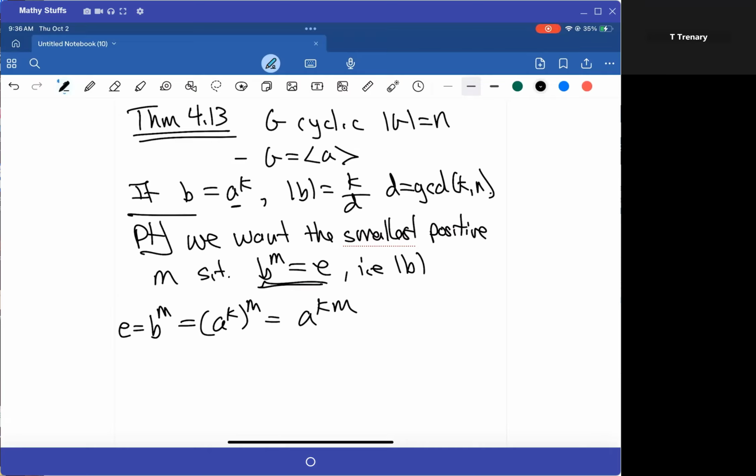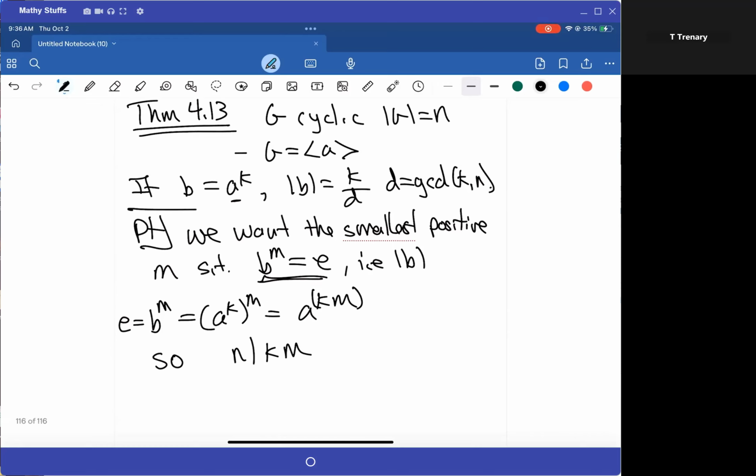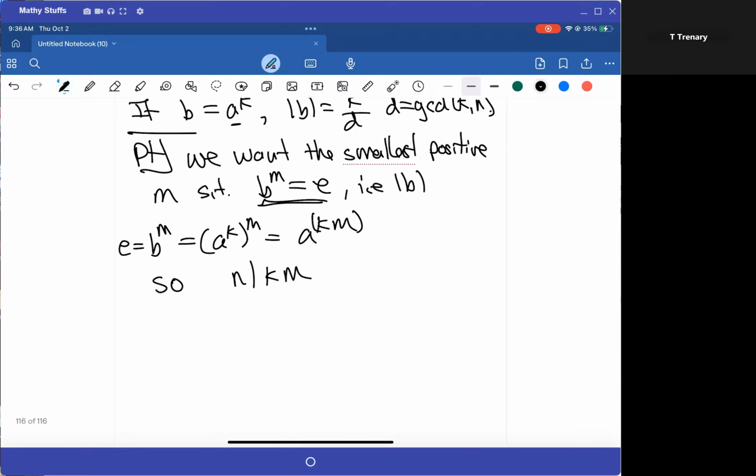And then we think back to the result we just proved: since the order of the group is n and a to the km equals e, then n must divide km. So now we've got our pivotal division fact here, and I guess this is proposition 412, actually, that we just used.